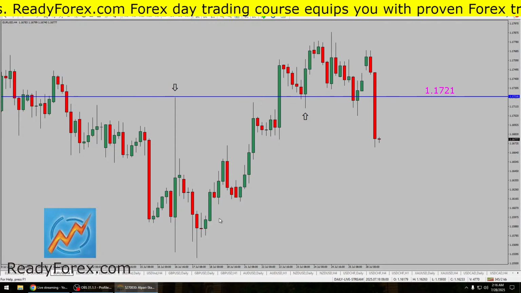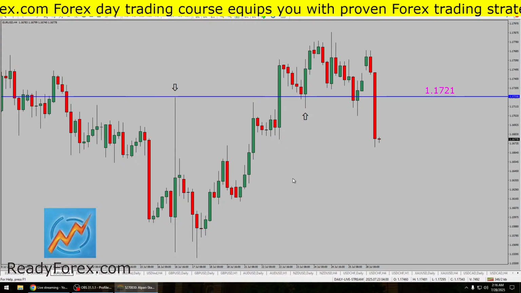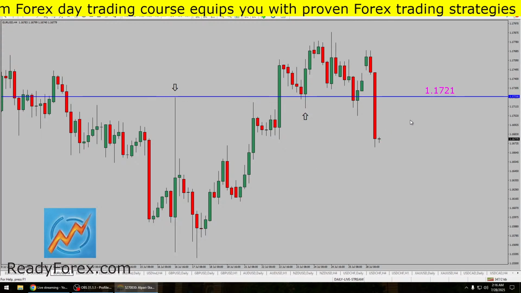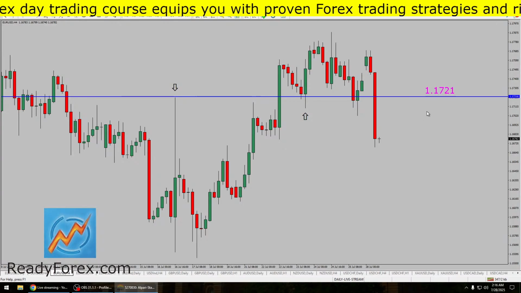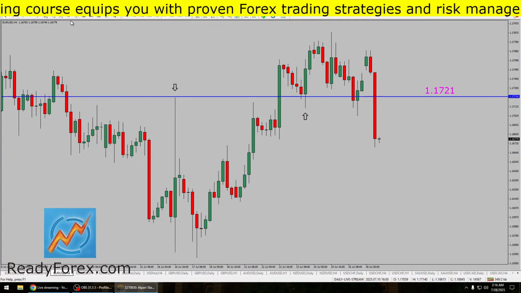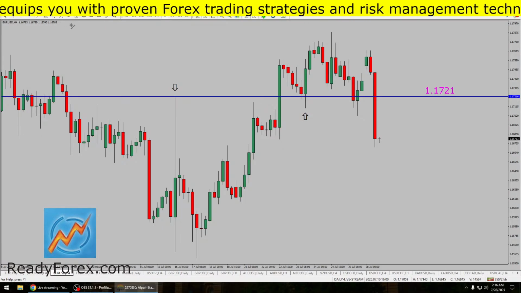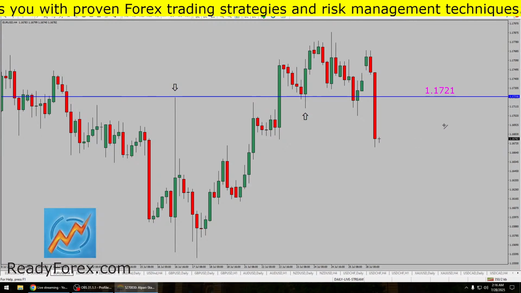If you check out the price action, we got a clear bearish candlestick close below the 1.1721 level, and this is telling me that sooner or later euro dollar currency pair is going to drop, but it's not going to simply drop.